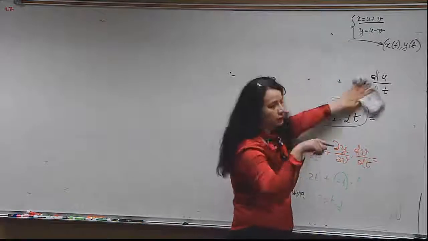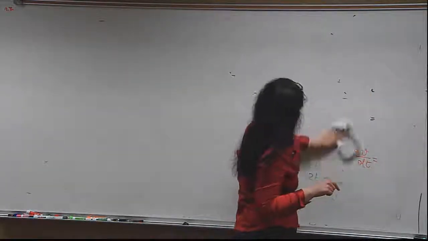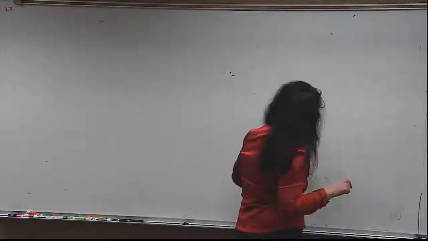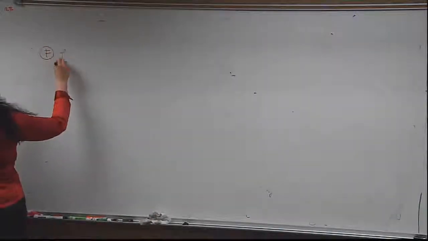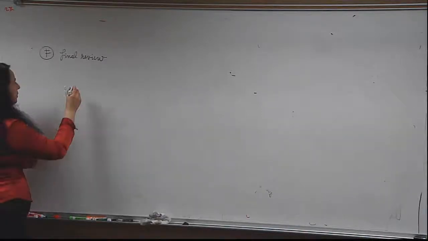Say, review this for the final. And since we are still in chapter 11 review, put another problem on F, final review, that I didn't put on the midterm, but it may be on the final.